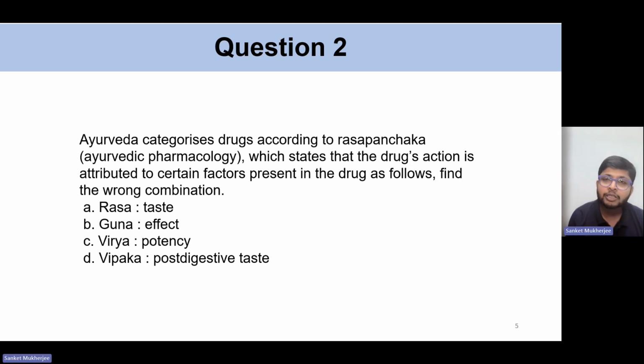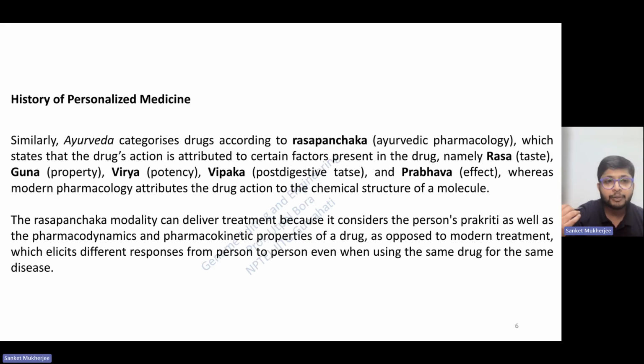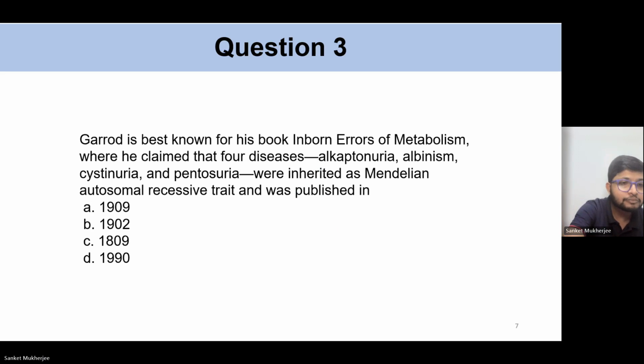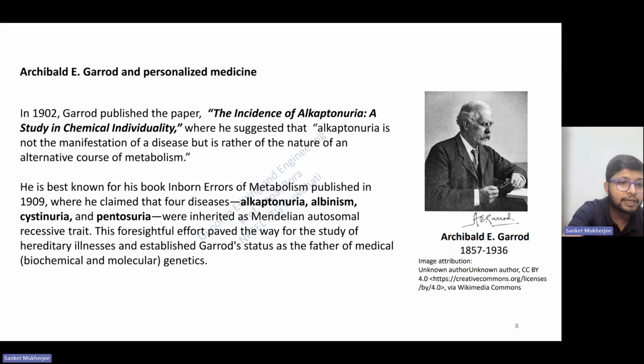The wrong combination here is guna, the effect. It would rather be guna or property. Garrod is best known for his book, Inborn Errors of Metabolism, where he claimed that 4 diseases, alkaptonuria, albinism, cystinuria, and pentosuria, were inherited as Mendelian autosomal recessive traits, and was published in the year 1909.